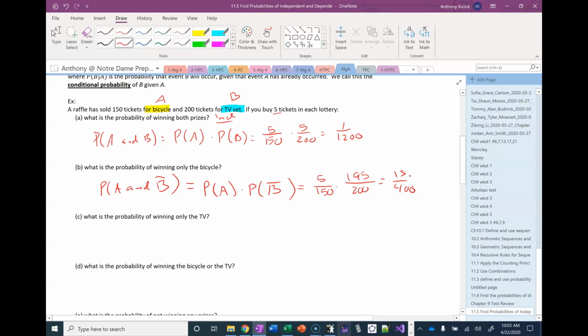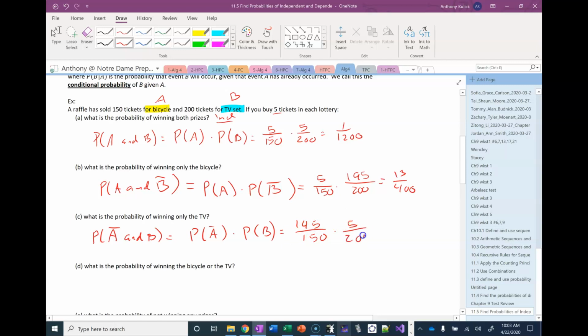Okay. The probability of winning only the TV set, so I don't want to win the bicycle, but I do want to win the television. And again, still independent. So to not win the bicycle, well, there's 145 tickets that aren't mine.